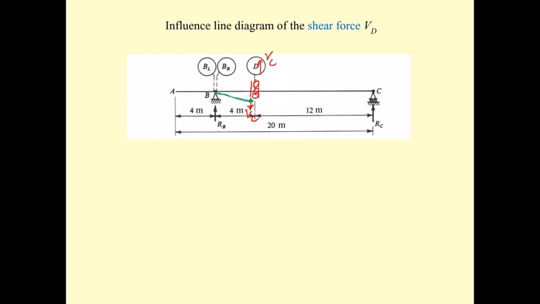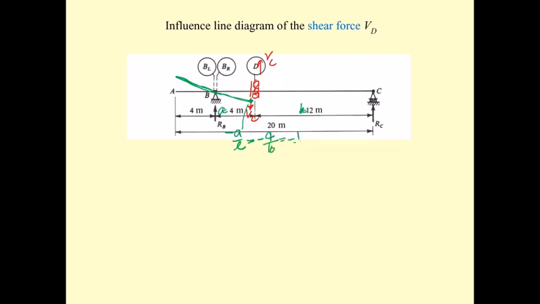And since this one goes downward like this, the free cantilever overhanging part is also going to move like this. And this is going to be minus a over L. This is going to be a, this is going to be b. So L is going to be 16, so minus 4 over the length of 16.